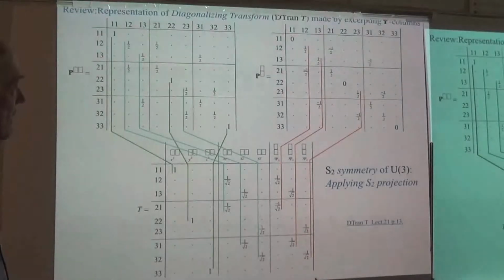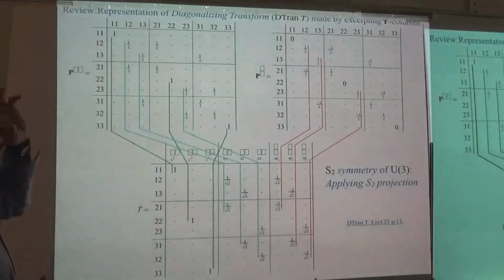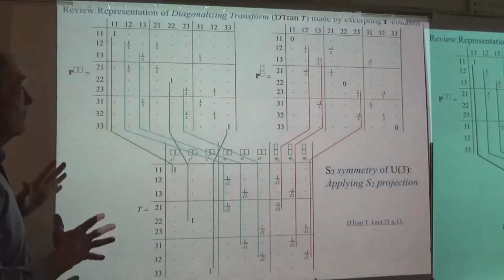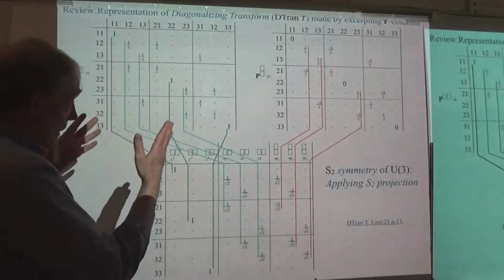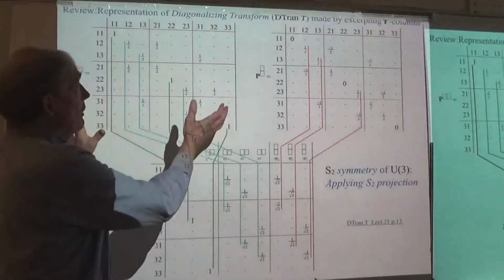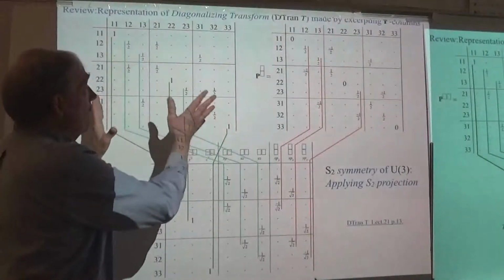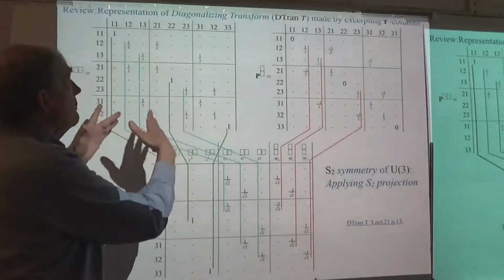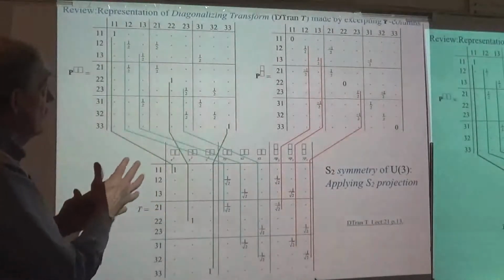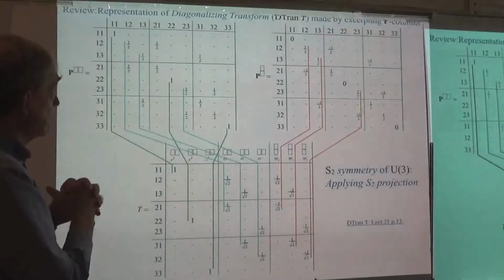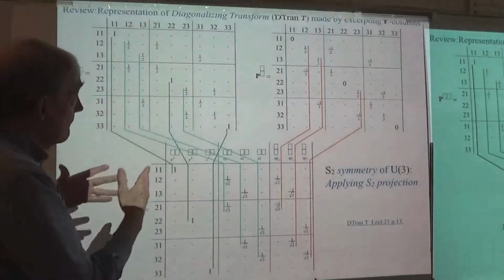Okay, so here remember what we did. This is a sort of review of the diagonalizing transform, where originally we were transforming a permutation group representation that commuted with this thing, the unitary group of representations.